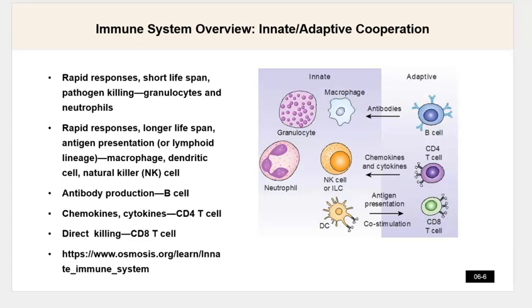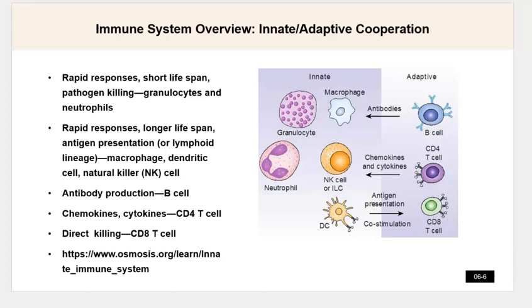So some of these things have different names, and that can be a little confusing. The CD8 T cells function to lyse cells infected by intracellular bacteria, virus-infected cells, or tumor cells.